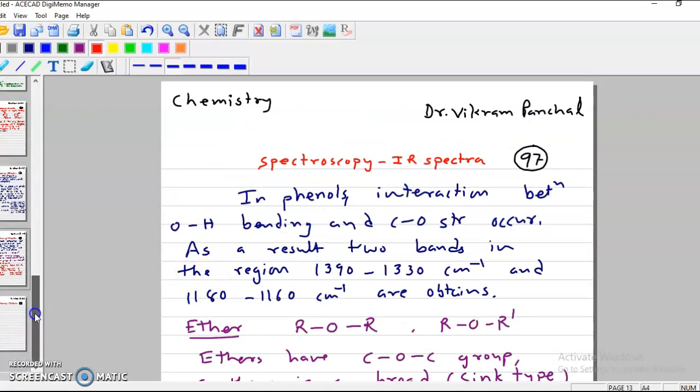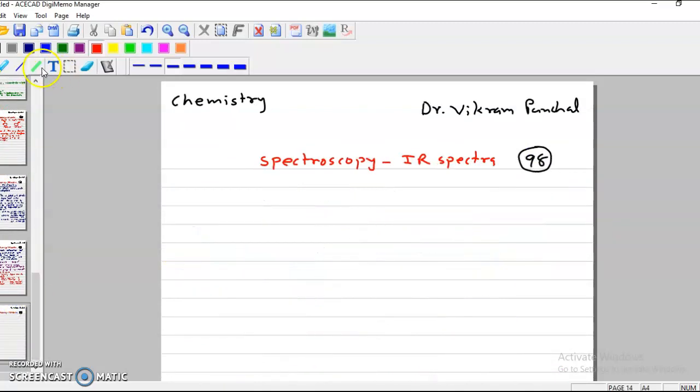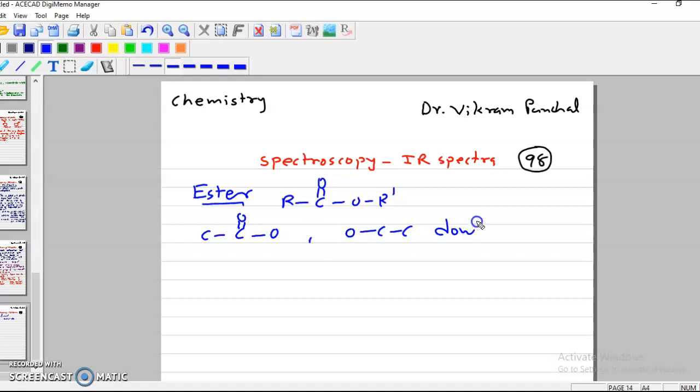Next is ester, that is RC=O OR'. So here we have C–C(=O)–O and O–C, and that will give you a doublet at 1300 to 1000 cm⁻¹.